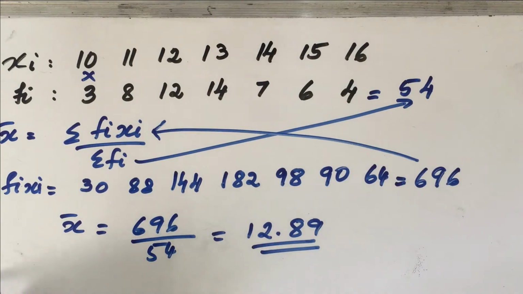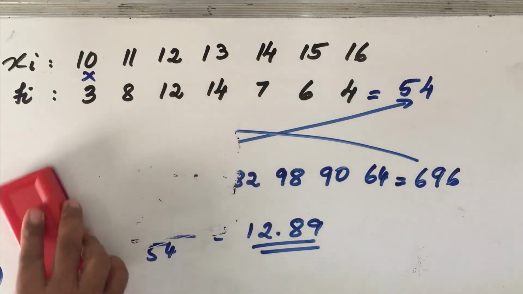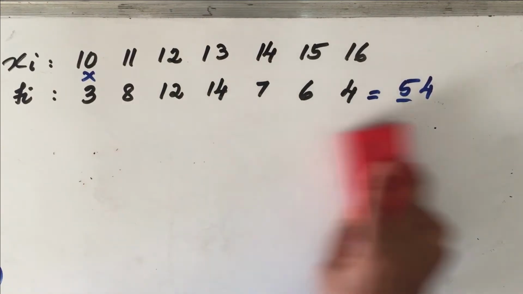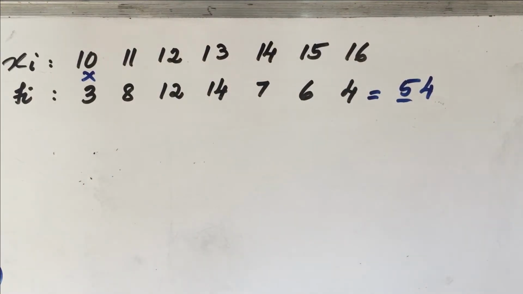Now our step number 2. To create space, let us keep this 12.89 here. Step number 2 is going to be xi minus x bar.